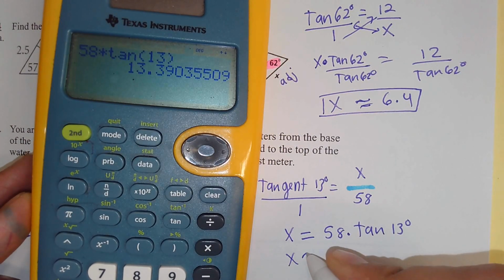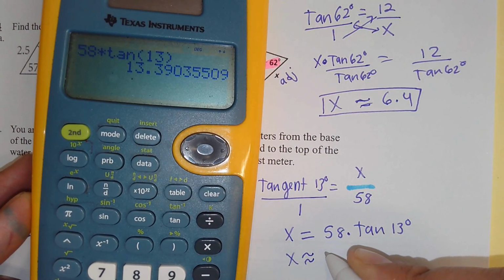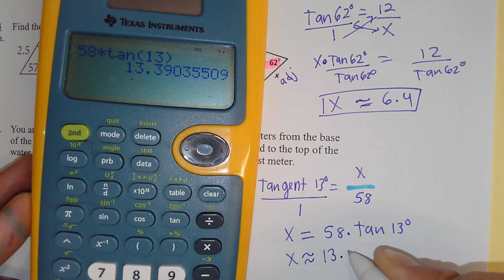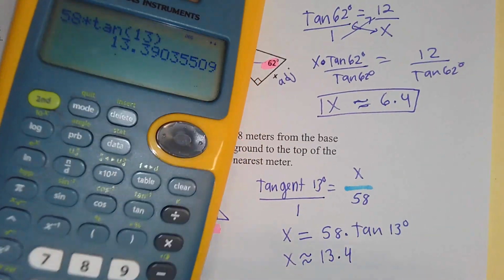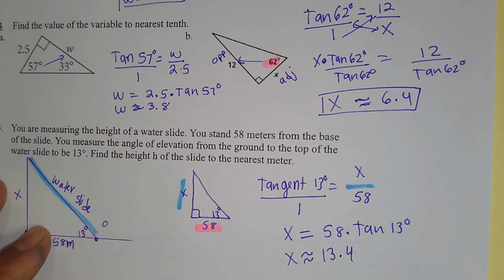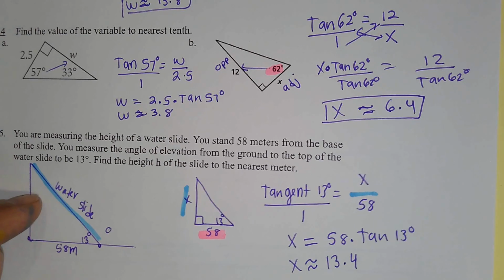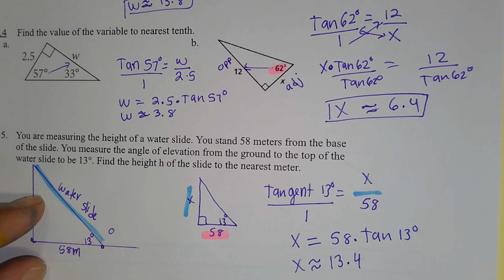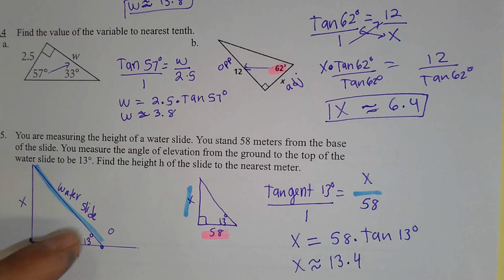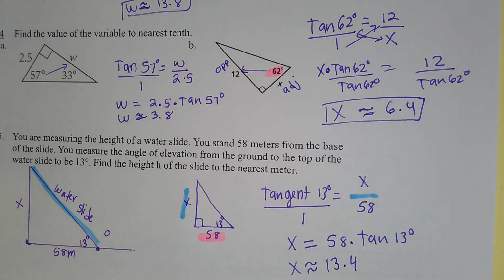So x should be approximately 13.4. That's going to be the height, find the height of the slide to the nearest meter.